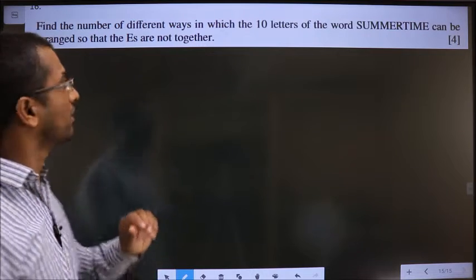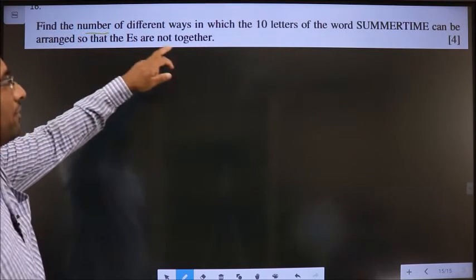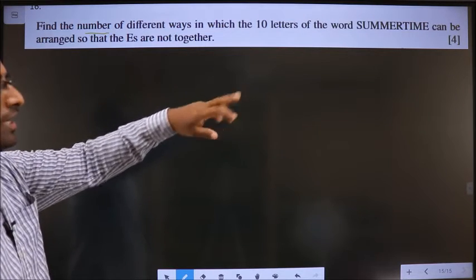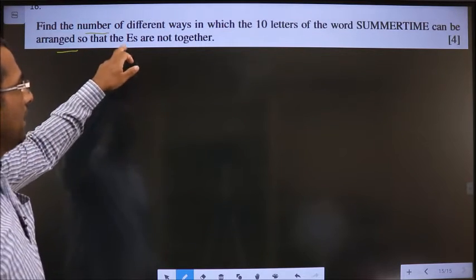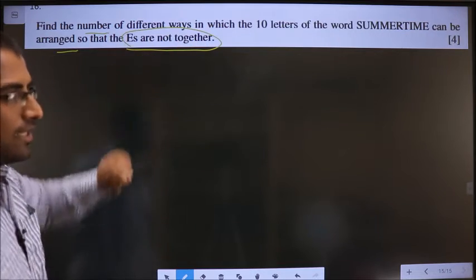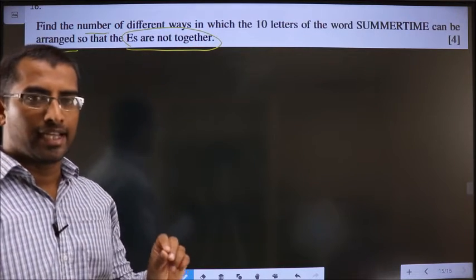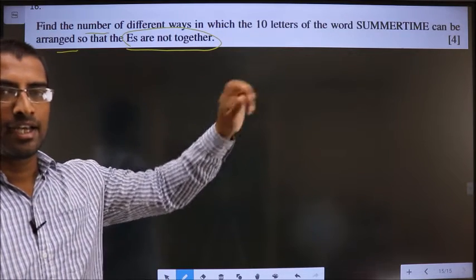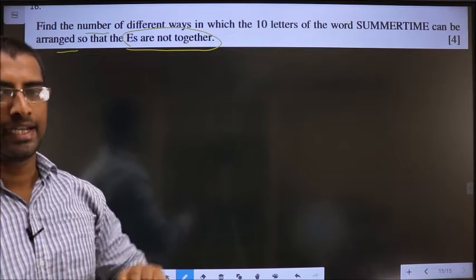Question 5. Find the number of different ways in which the 10 letters of the word can be arranged so that the E's are not together. The letter E's should not be together. Whenever a word is given, write how many times each letter is present.